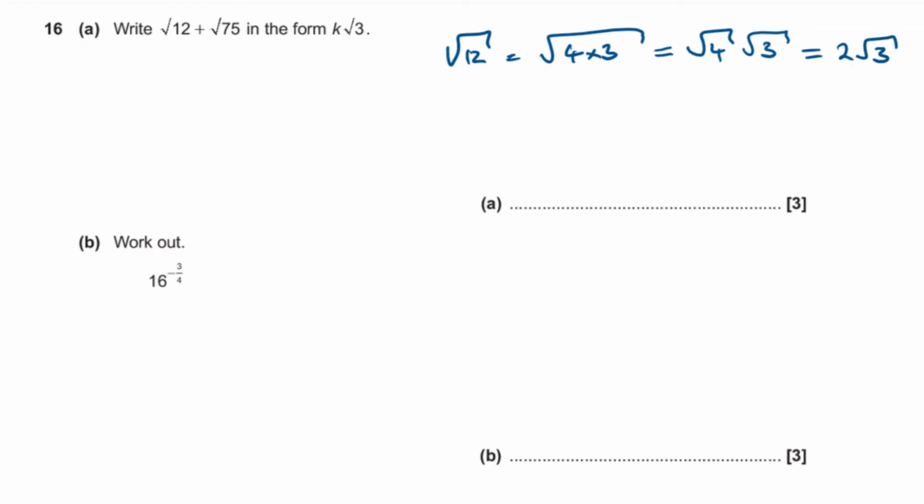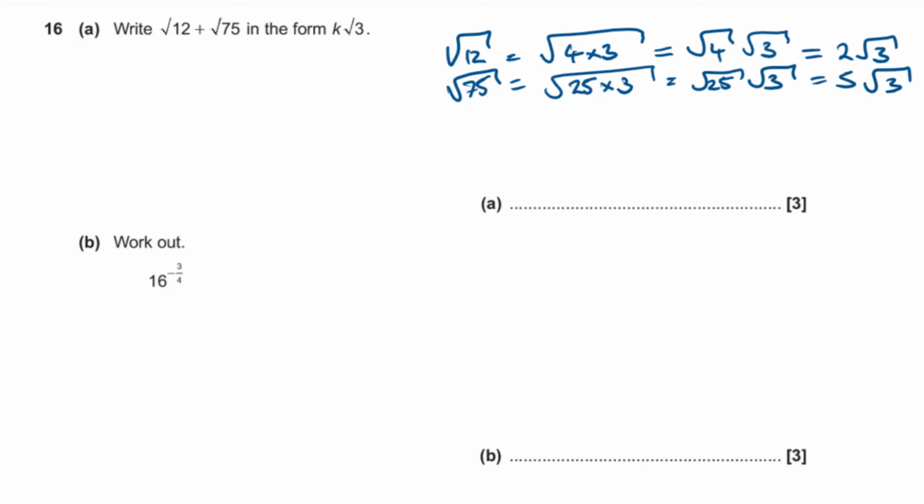And then doing the same thing with 75. Again, we're looking for a factor pair where one of the pair is a square number. So we can pick 25 times 3. That's 75, isn't it? And then we can break that up into two roots, and the root of 25 is 5. So that's 5 root 3.